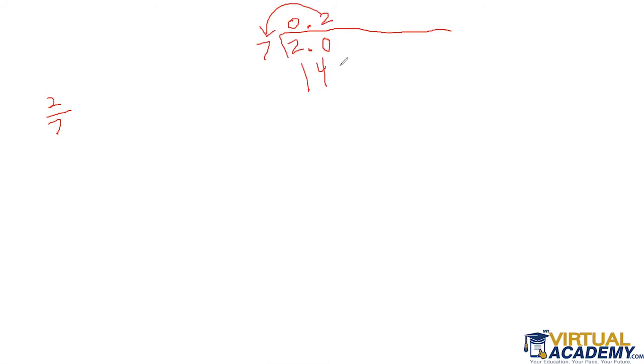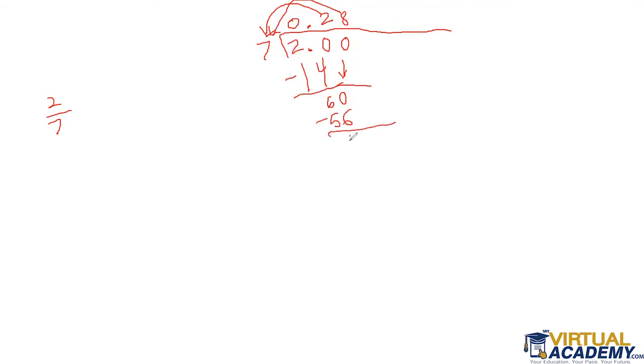3 times is too big because 3 times 7 is 21, but it's only 20, right? So 2 times 7 is 14. Subtract that, we get 6, right? Didn't get 0, so we have to create another 0, bring it down. 7 goes into 60 8 times because 8 times 7 is 56, right?